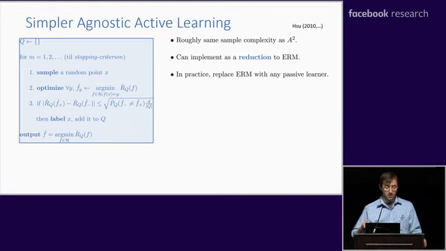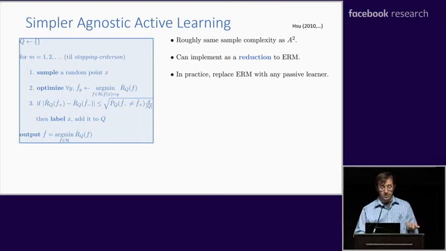Basically, sample points now just one at a time. For each X that you sample, these are unlabeled points from the pool, for each label Y, constrain the label to be Y and then minimize the number of mistakes. So in binary classification, you're going to end up with two classifiers, one that definitely labels X as plus and minimizes the number of mistakes, and another that definitely labels X as minus and minimizes the number of mistakes.